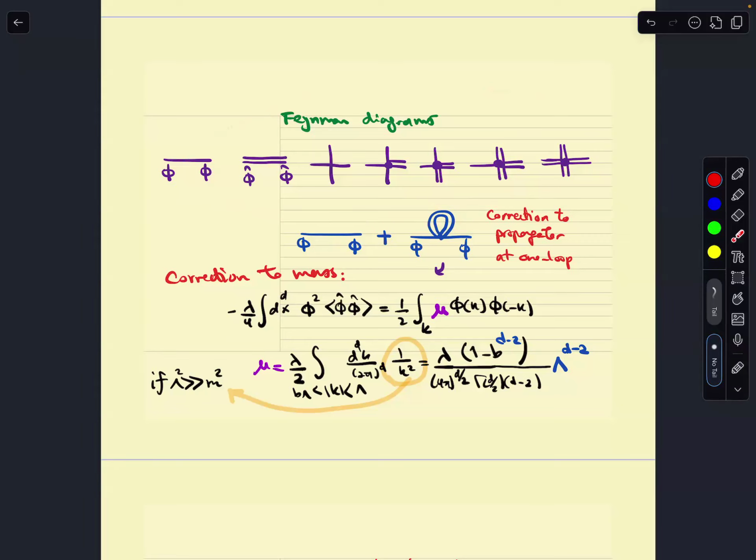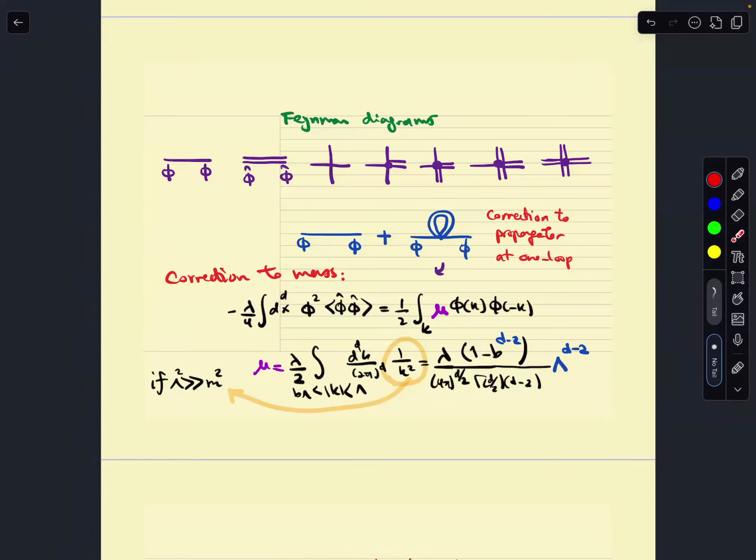Now the correction to the propagator at one loop becomes just the initial propagator plus this phi hat running in the loop, right? That's the only thing that runs in the loop. Now this corrects the mass. That's what it's going to do. Why is that?